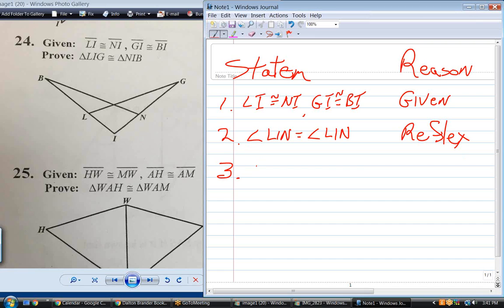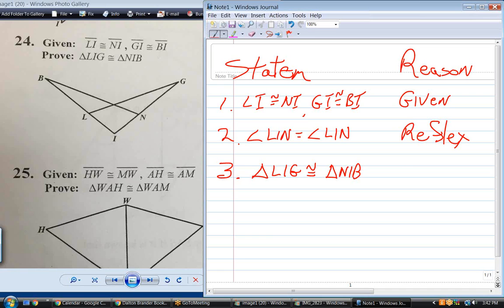And so now, what's the third statement? Triangle LIG is congruent to triangle NIB. And why? You don't have too many choices. You got side, side, side. You got side, angle, side. You got angle, angle, side.